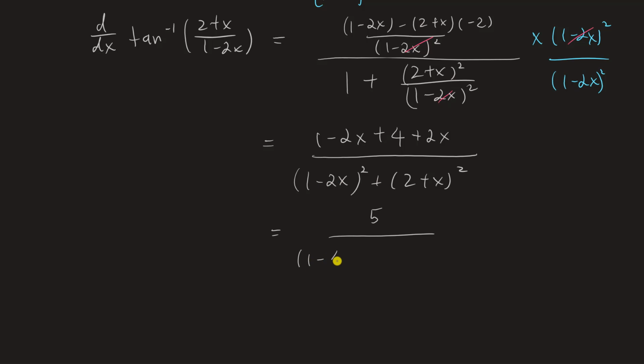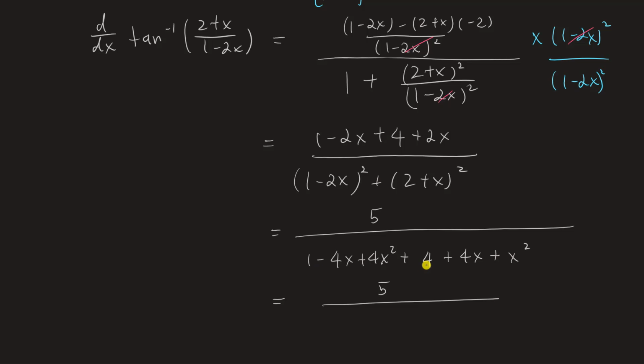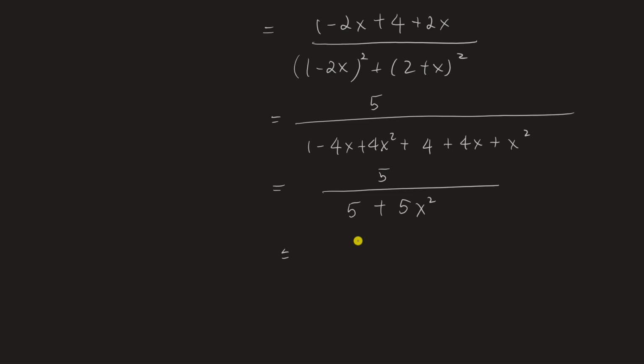1 minus 4x plus 4x² plus, oh, we have to extend our fraction line. Plus 4 plus 4x plus x². This will give us 5 over 1 plus 4, 5, the 4x and 4x gone, plus 5x². Then we factorize out the 5 from the denominator.